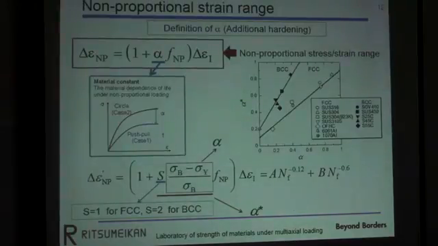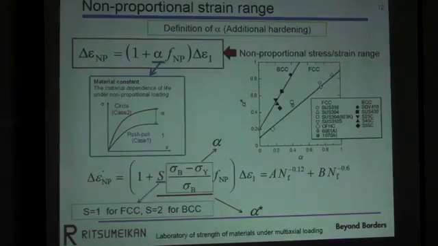In the previous work, I proposed a non-proportional strain equation, this equation, for strain control tests. It is very simple. This alpha is a material constant related to the additional hardening due to non-proportional loading.